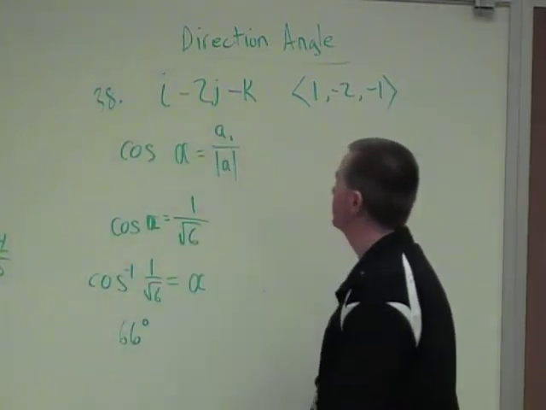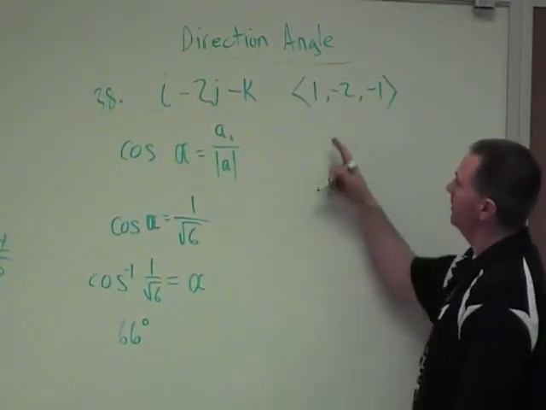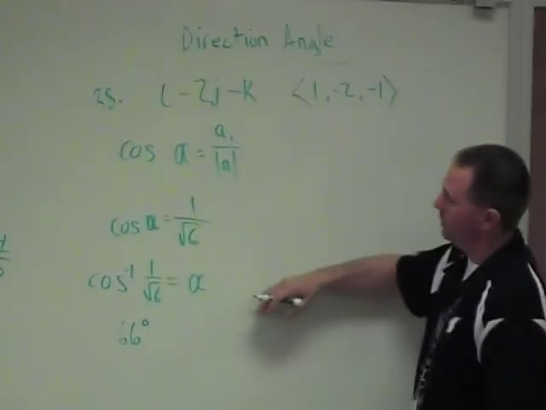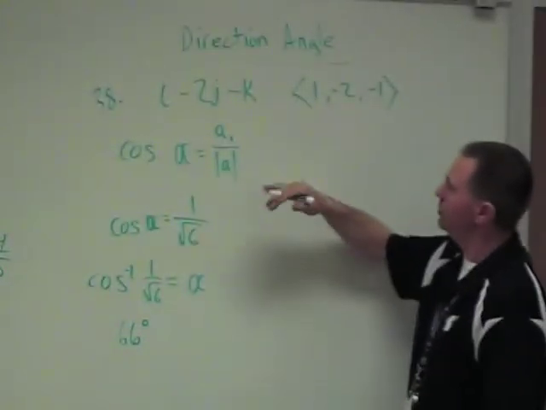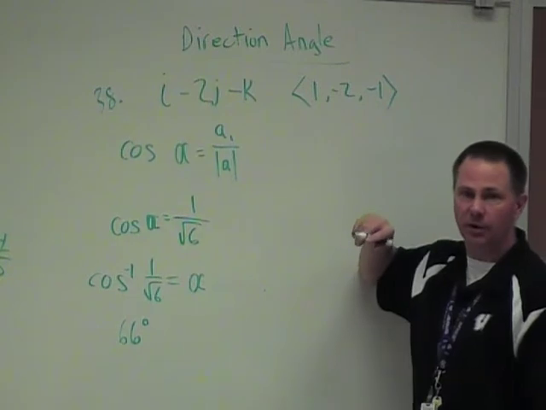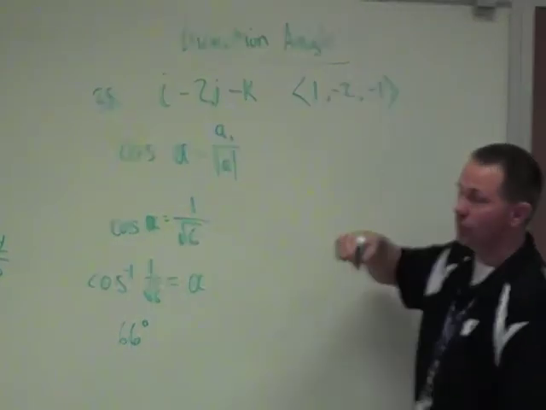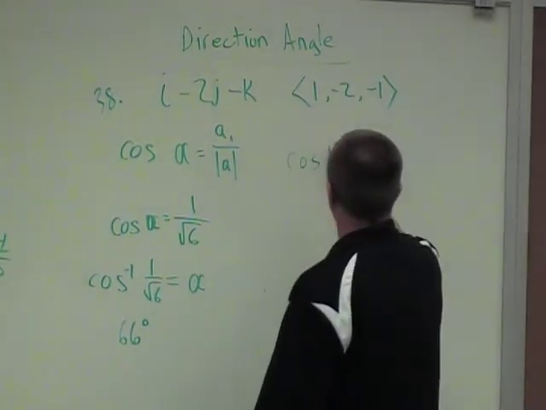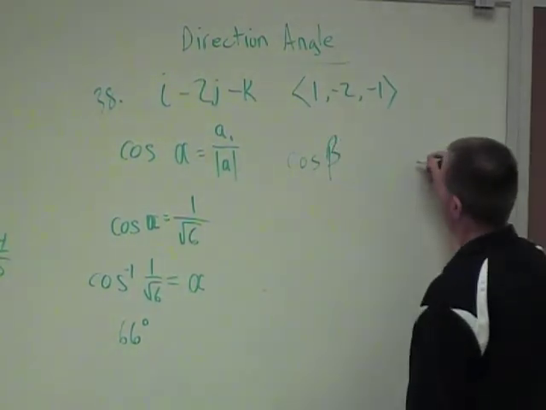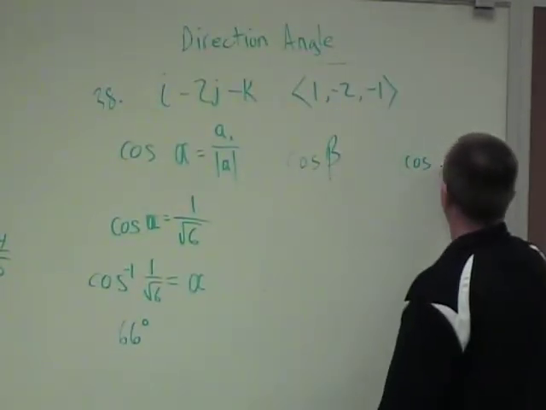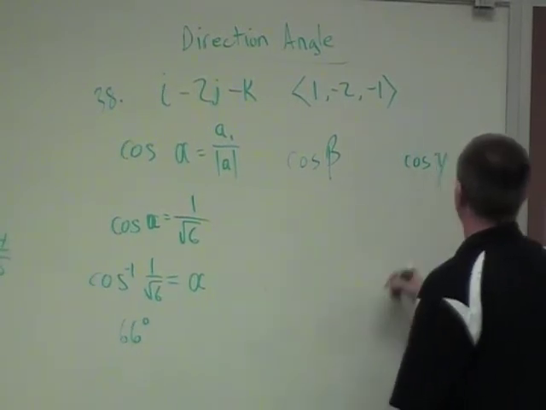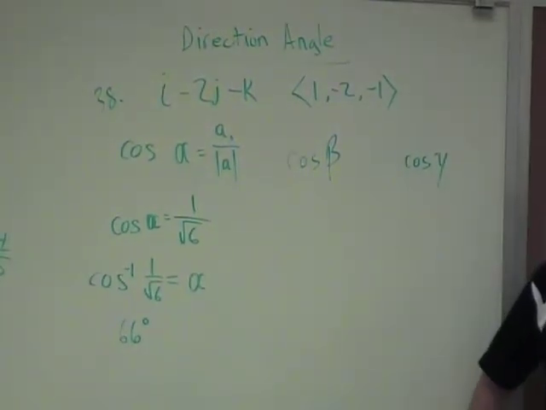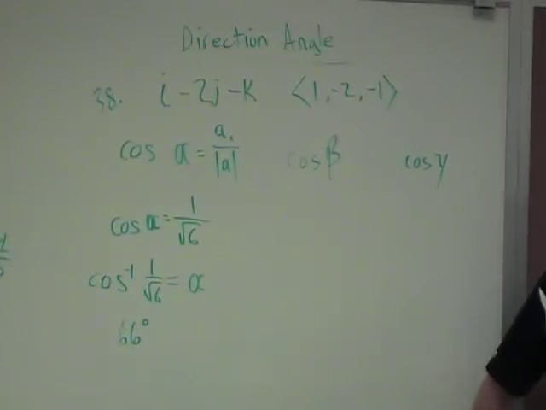Okay. So basically what that's saying is from the x-axis to this point that it's referencing, this is a direction angle of 66 degrees. I need to know the cosine of beta. I need to know the cosine of gamma. Alpha, beta, gamma. But it's not Charlie, it's gamma.